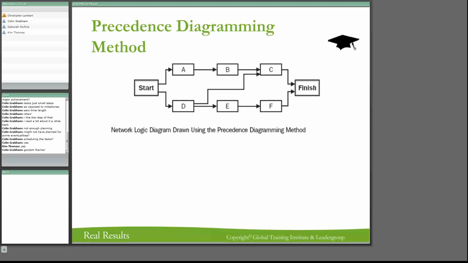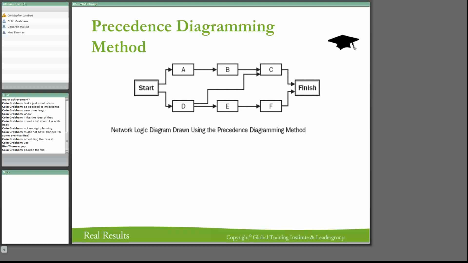That's it: activity on node technique. So the node is the activity, and the arrows show the precedence.